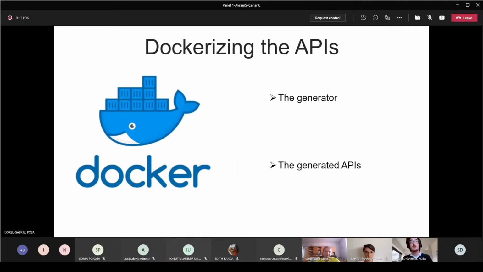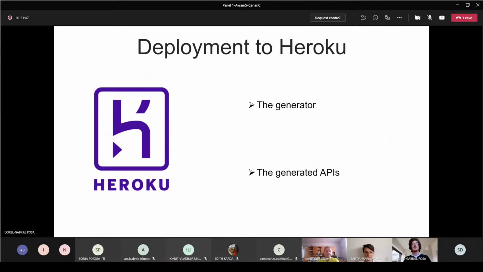The APIs, also the generator and the generated APIs, needed to be Dockerized in order to be used by any user and to be posted on the Heroku cloud. Heroku is a free deployment service. I used Heroku to deploy the generator.